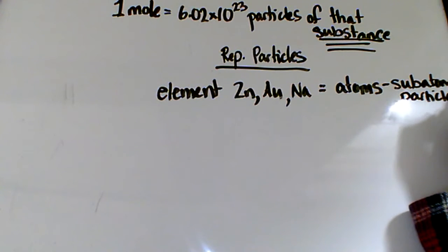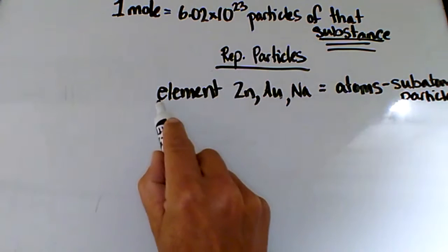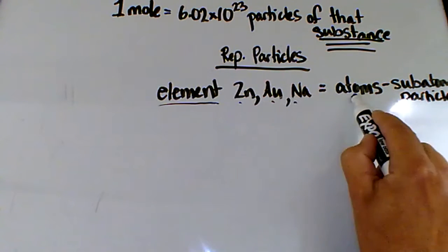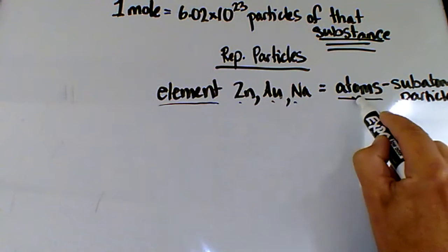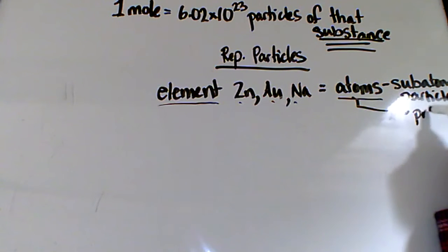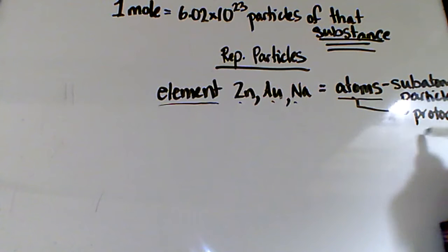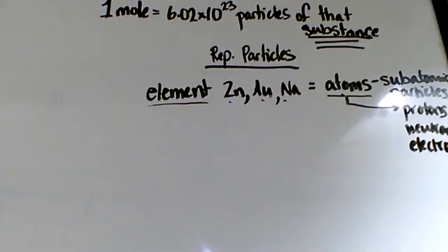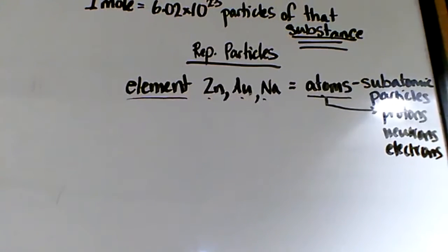And I think you would know that, right? So the representative particle of an element, such as these, is an atom. The representative particles of atoms are your subatomic particles, your protons, neutrons, and electrons. And yes, there are more, but these are the main players for our concerns. Okay, hopefully you don't have any questions about that.